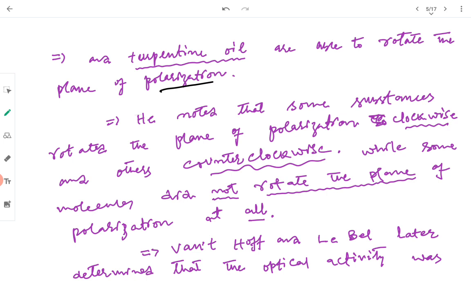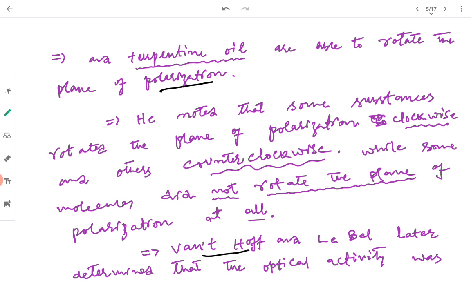He noted that some substances rotate this plane of polarization towards the right, clockwise, and some other substances rotate it counterclockwise, while he also encountered some substances which did not rotate the plane of polarization at all.